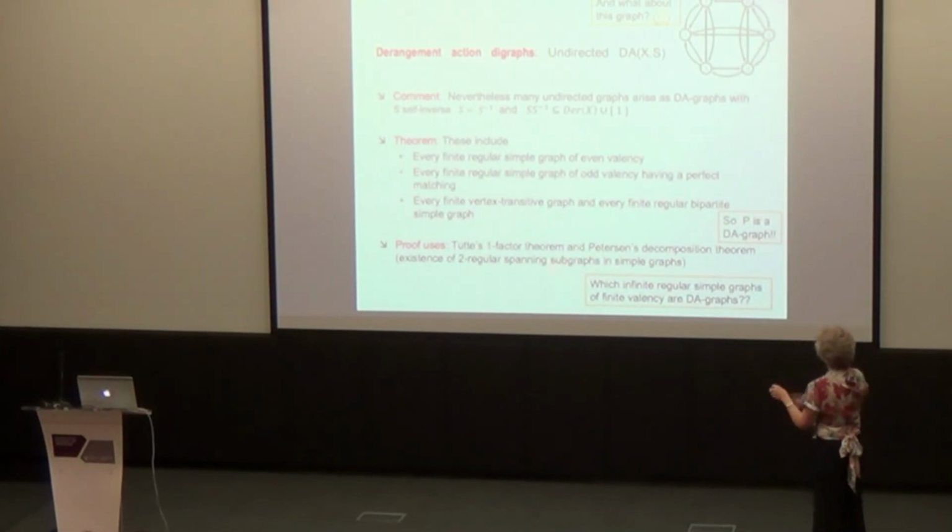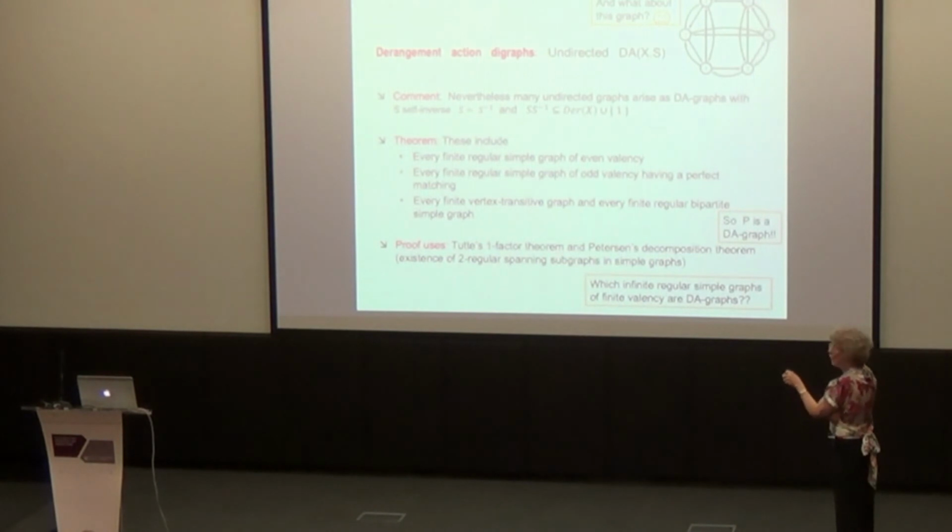And the proof, again, I'm not going to take you through the proof, but I'll just tell you that we use Tutte's one-factor theorem again, and an old theorem of Petersen, his decomposition theorem about when you have a two-regular spanning subgraph in simple graphs. And again, these theorems seem to be only available, as far as I can find in the literature, because this is not where I'm an expert, for finite graphs.